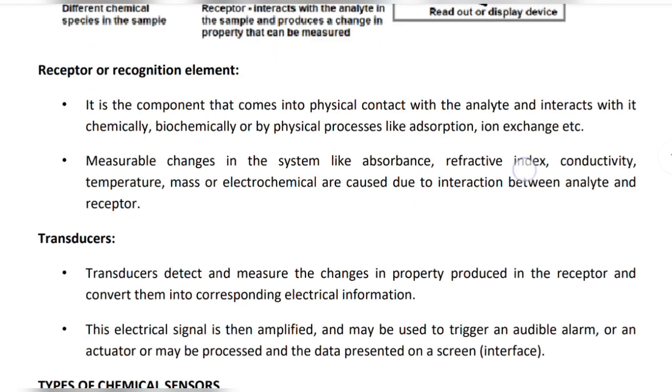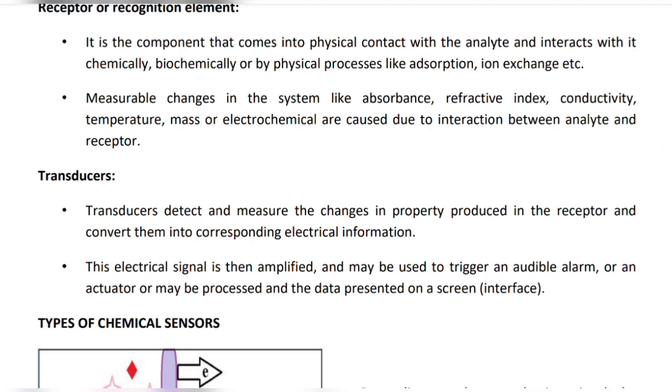Then what does the transducer do? The transducer detects and measures the changes in property produced in the receptor by the interaction with the analyte, and converts them into a corresponding measurable signal, an electrical signal.